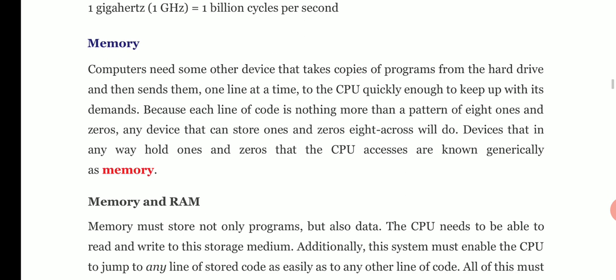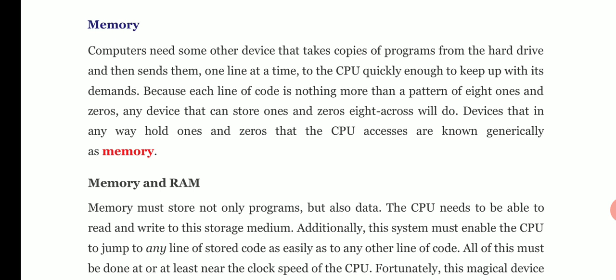So now the memory. Computers need some other device that takes copies of programs from the hard drive and then sends them one line at a time to the CPU quickly enough to keep up with its demands. Because each line of code is nothing more than a pattern of 8 ones and zeros, any device that can store ones and zeros, 8 across, will do.